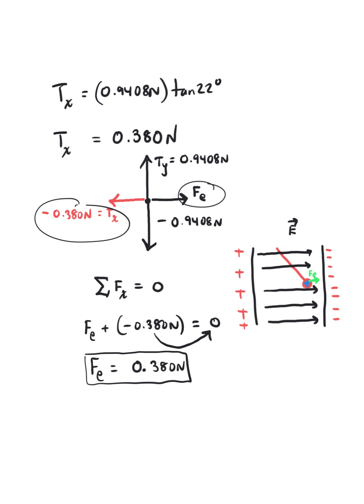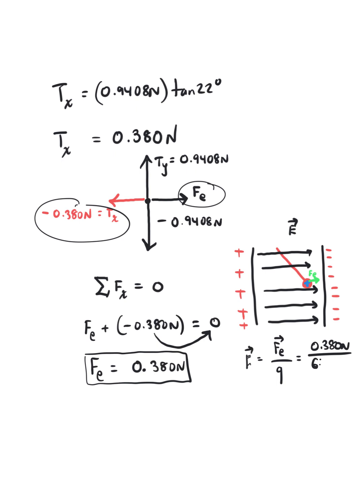So we can calculate the electrical field, E, by dividing the electrical force exerted on the sphere by the charge of the sphere. So the electrical force that the electric field exerts on the sphere is 0.380 newtons, and then we're going to divide that by the charge of the sphere, which was given in the problem.